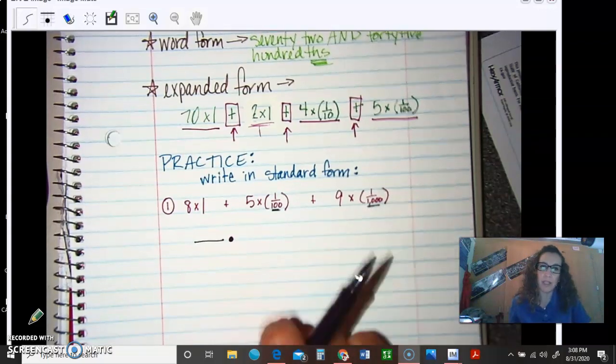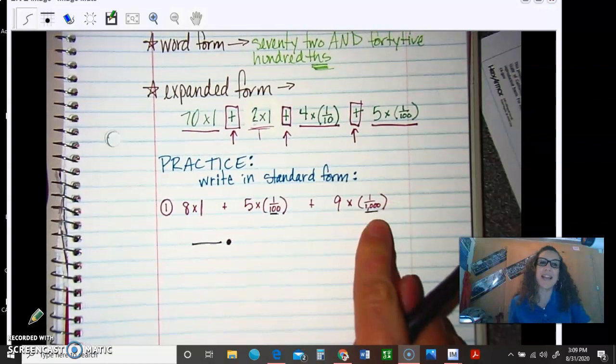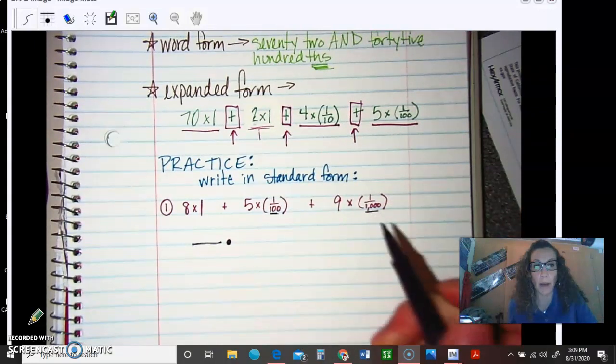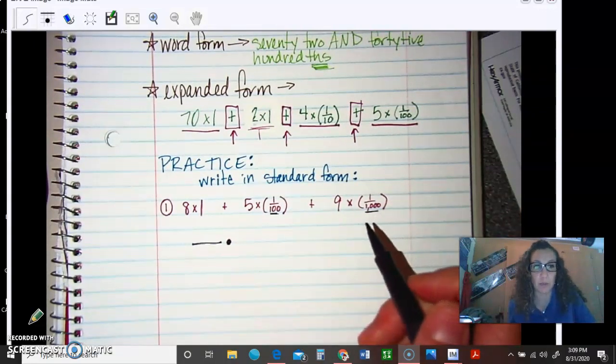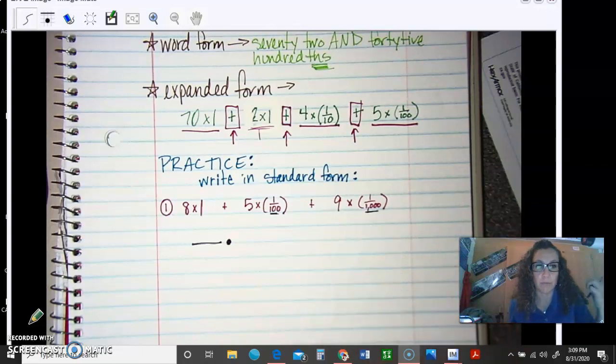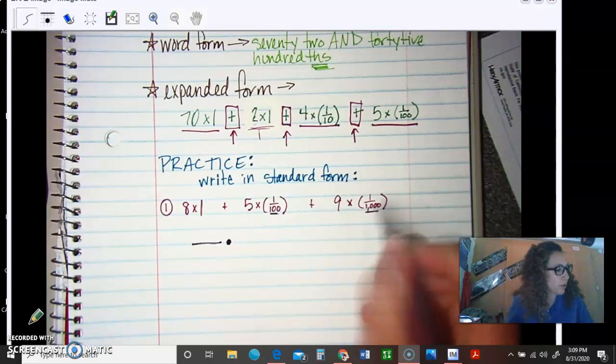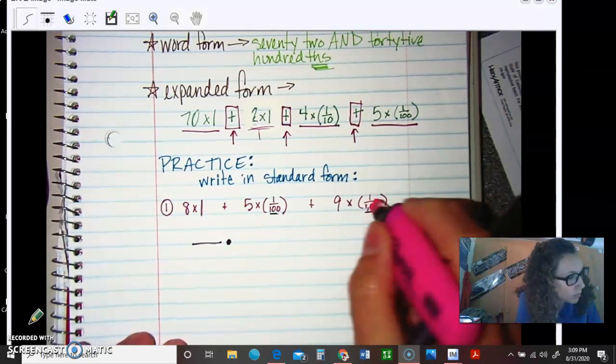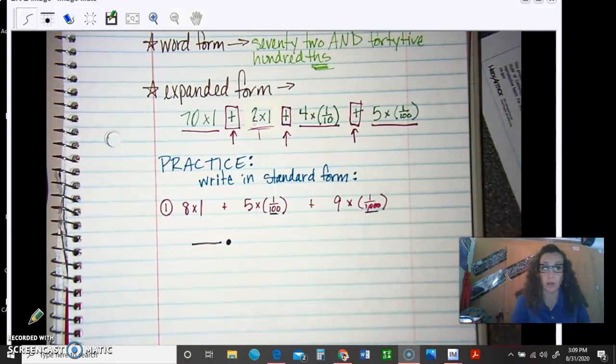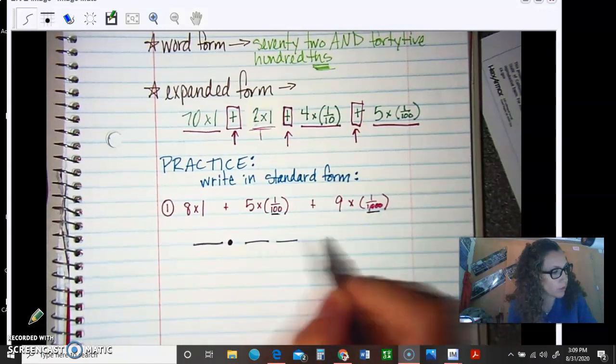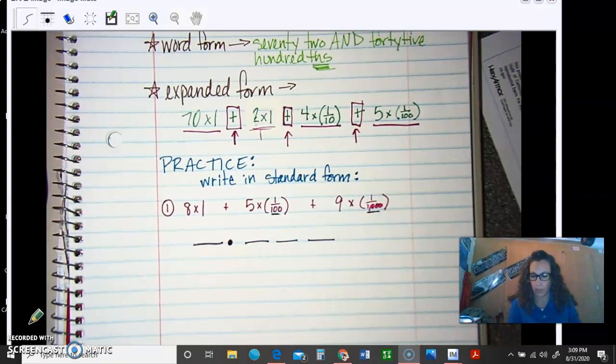And if I look at my place value chart, if I take it out to thousandths, I go out how many spots after the decimal? 3. Which, if you notice, you have 1, 2, 3 zeros as well. Okay, so we're going to go out 1, 2, 3 digits after the decimal.